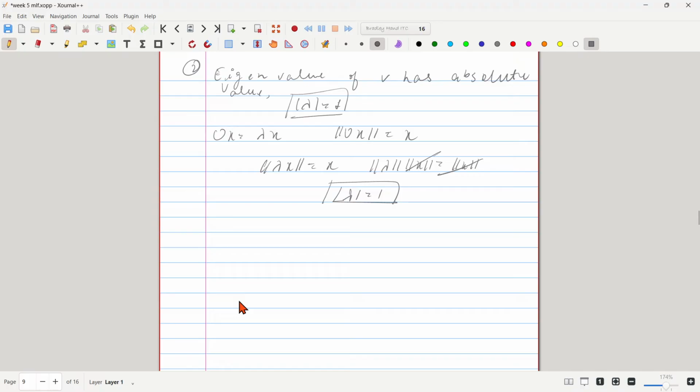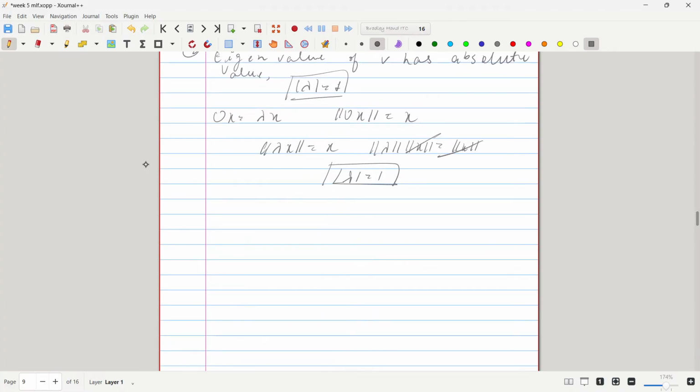Now, for a Hermitian matrix, A will be represented as U D U conjugate transpose.